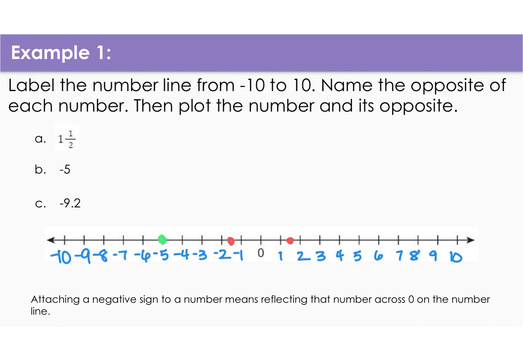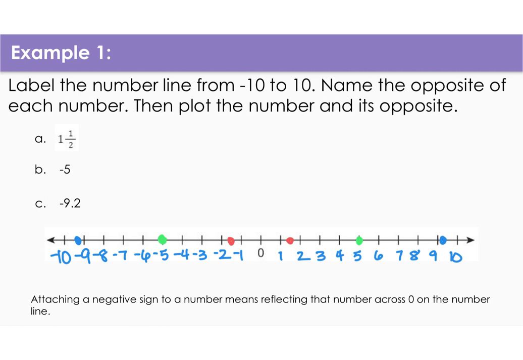The opposite is exactly that distance from 0 on the other side, which is 5. And then 9.2. -9.2, so that's going to be between -9 and -10. And then on the other side, it will be between 9 and 10.